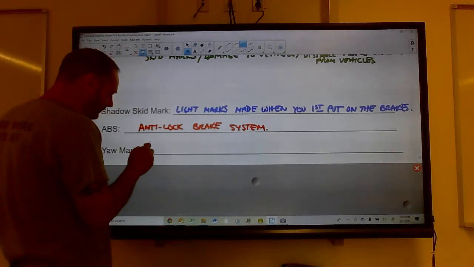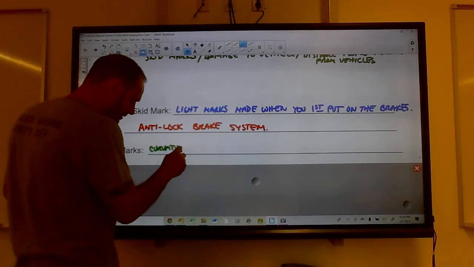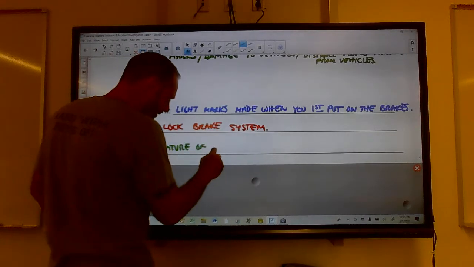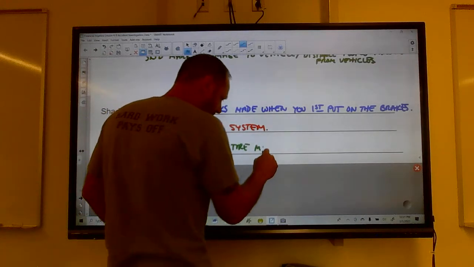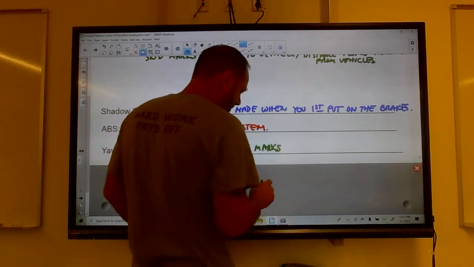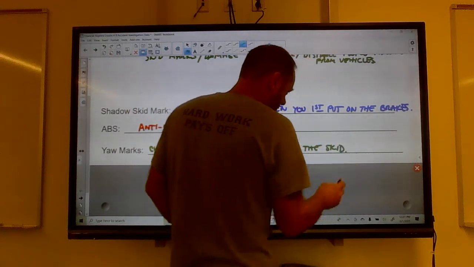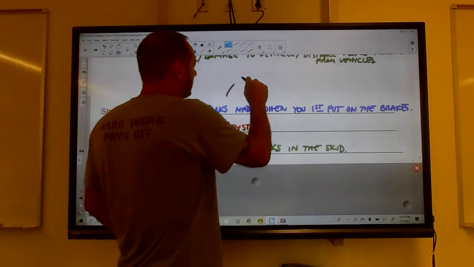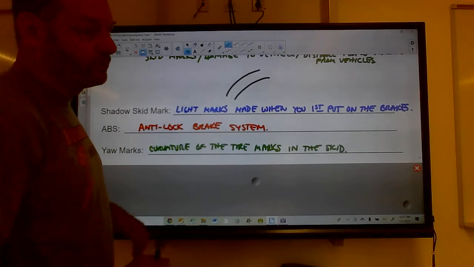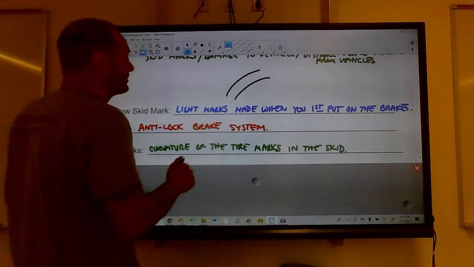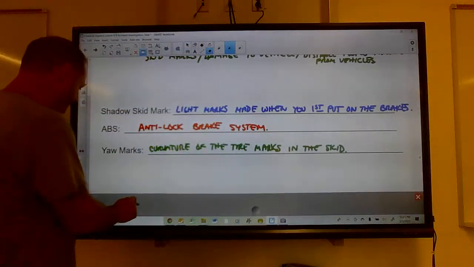So it's the curvature of the tire marks in the skid. If you look at the marks, they tend to go like this. And it's not necessarily from you putting on the brakes, or from steering, sorry. It's not necessarily from you steering.